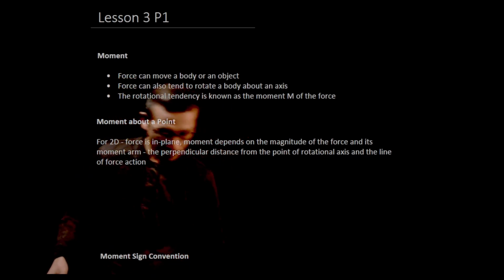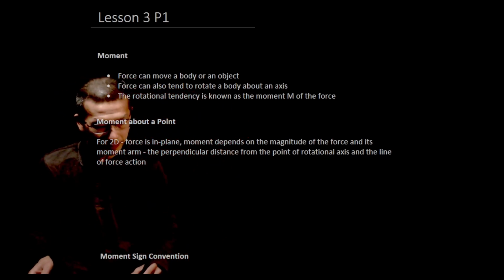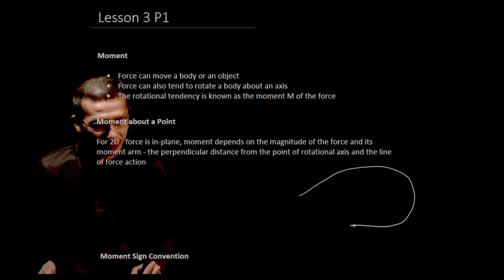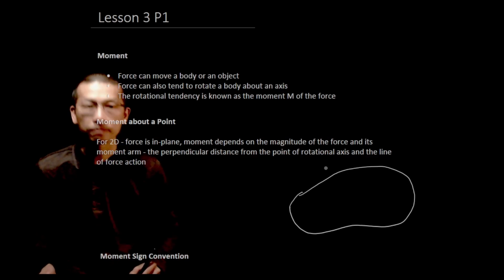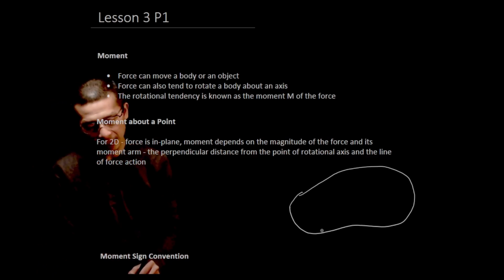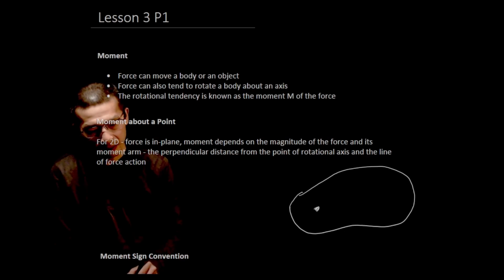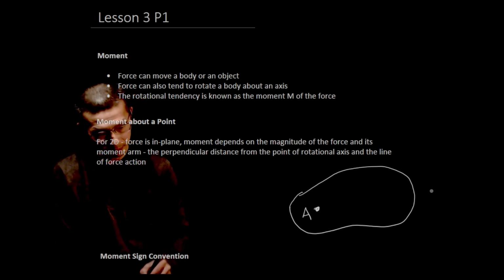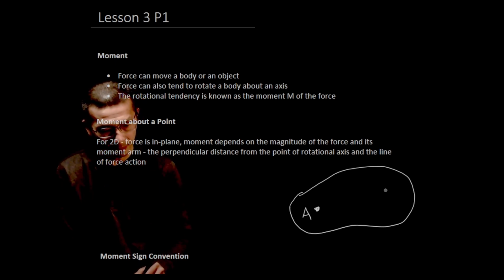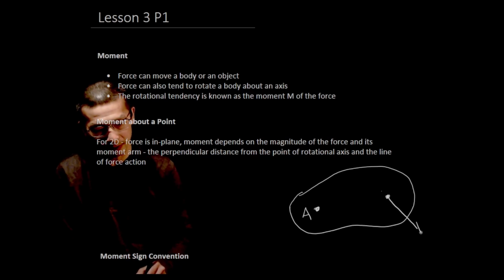For example, if we have a rigid body, any rigid body, and say point A is the point of interest. Now let's say we have a force applying at this point.